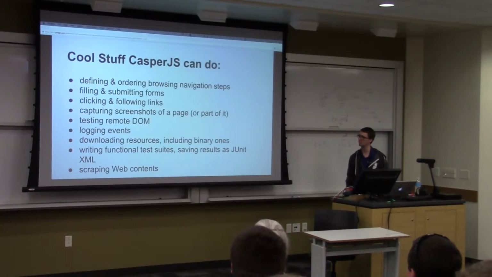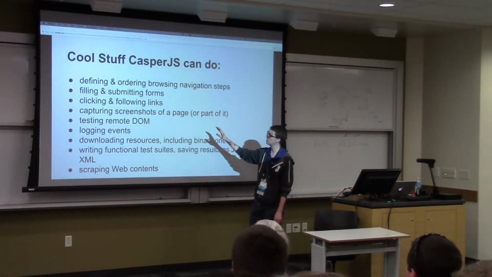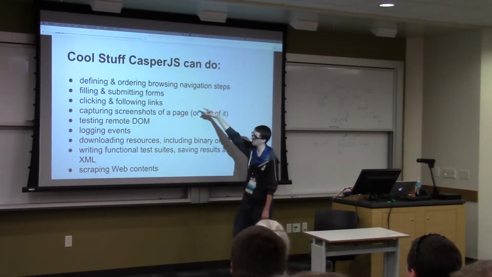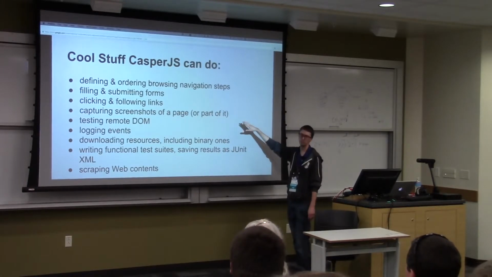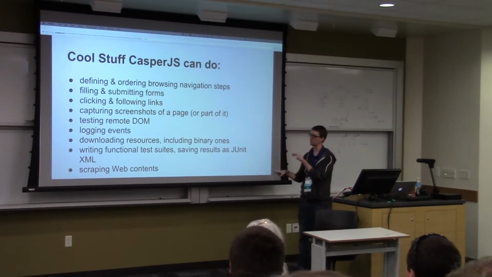And here's some great things. This is actually taken right from their website. At Bluehost, we do a lot of navigational steps, filling out forms, clicking and following links. Like what Derek was talking about with checking the CDN and things like that. That's actually something I was helping him with.